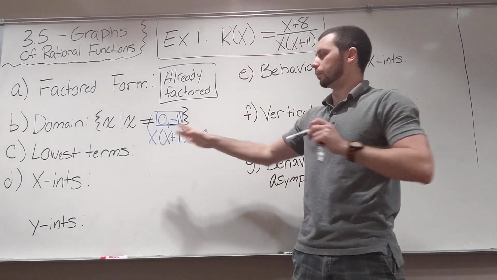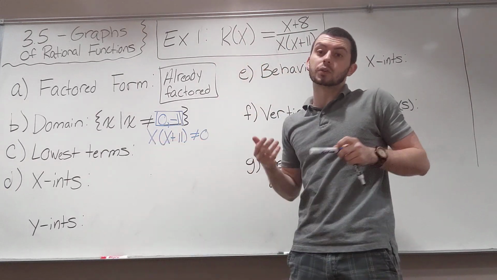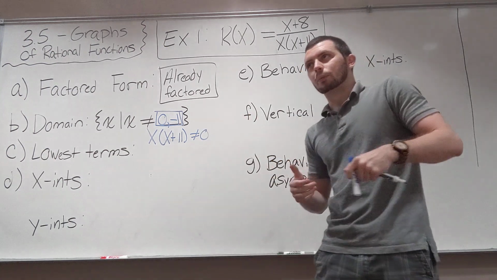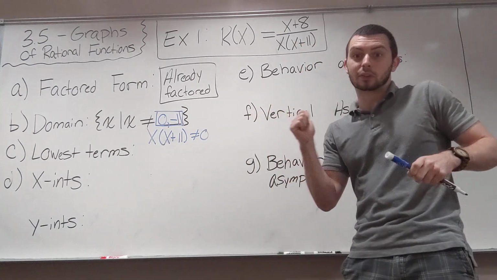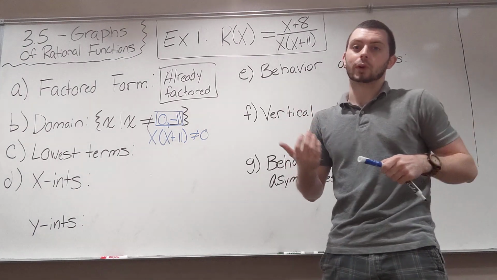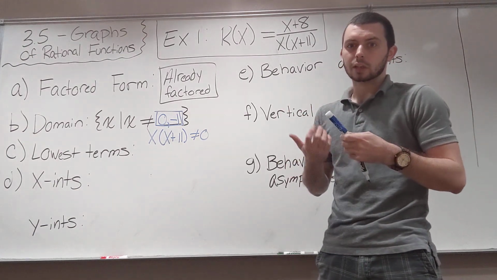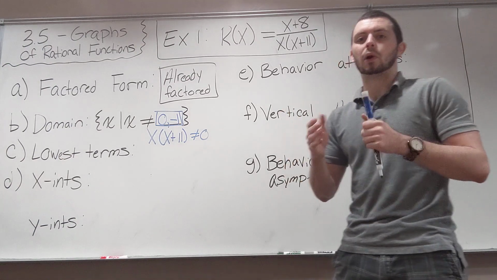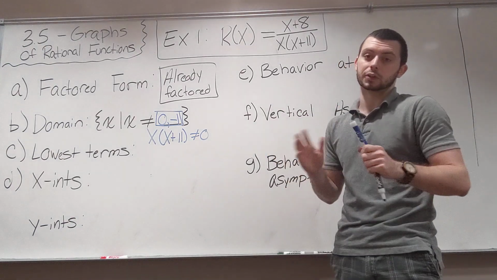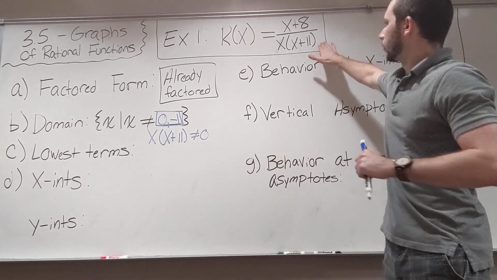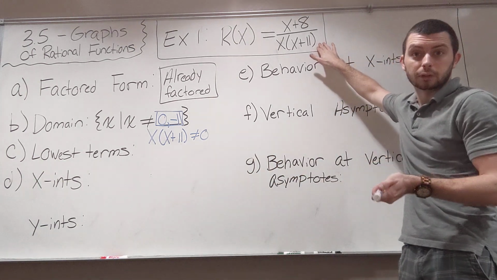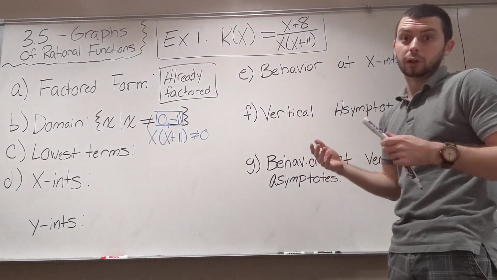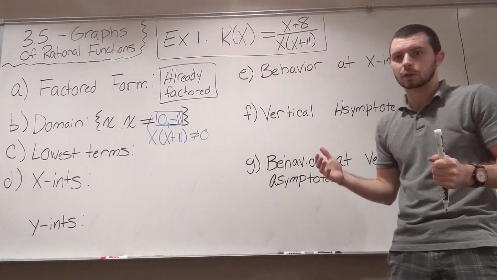Again, it's asking for something we haven't seen the terminology for before: lowest terms. It's not going to make sense in this context, but lowest terms means if there's anything to cancel after you factor, it wants the result after all of that cancellation. It doesn't make sense here because nothing cancels, but there are problems that I will discuss that do have a cancellation.